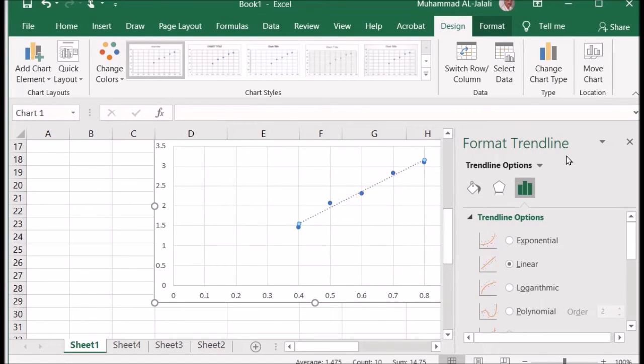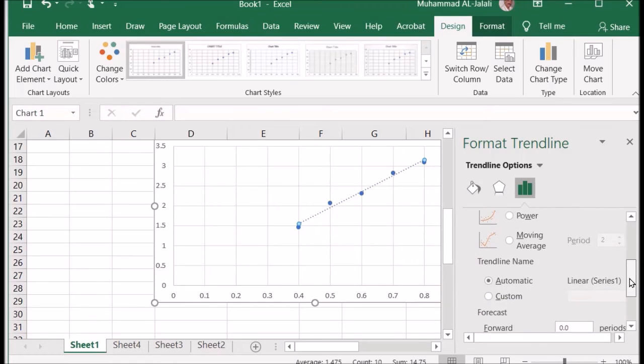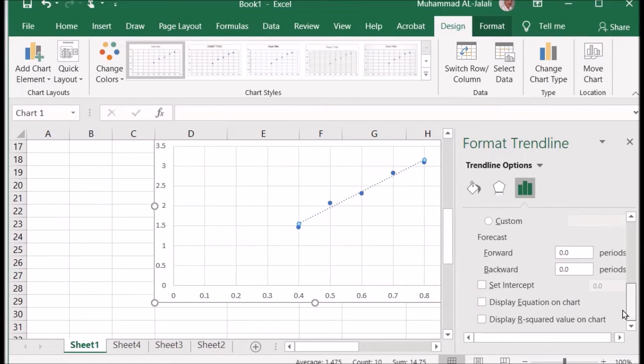You will see a half page, Format Trendline, and you will see all the options, and this is our choice, linear relationship between T square and L. Go to the bottom of this list and choose Display Equation on Chart.